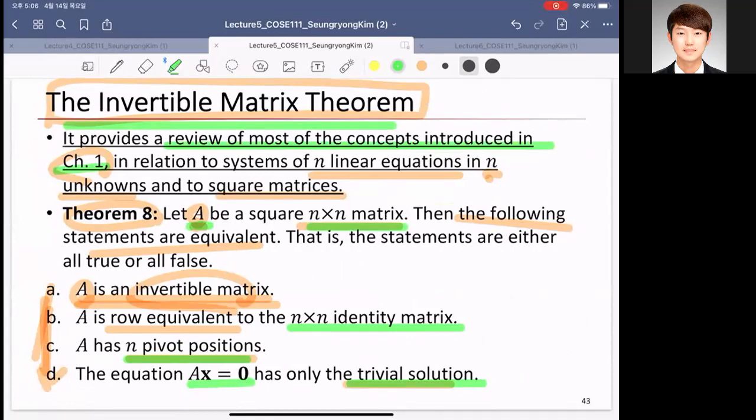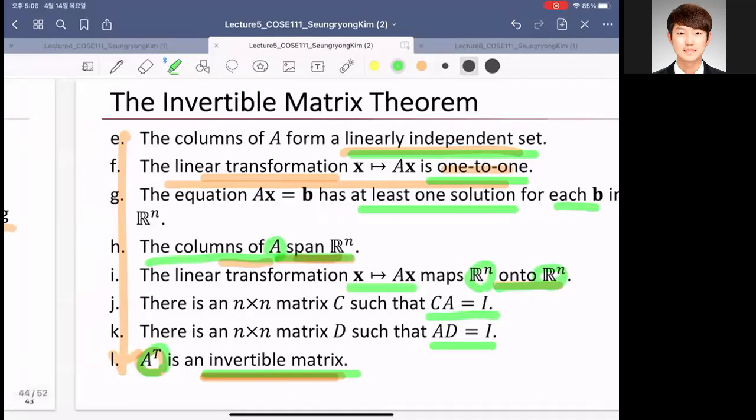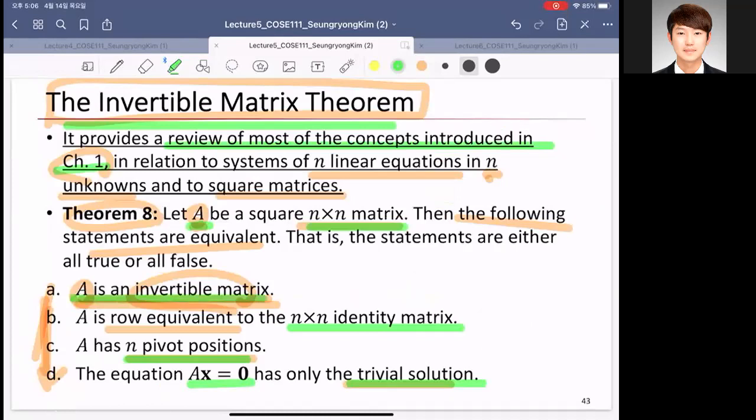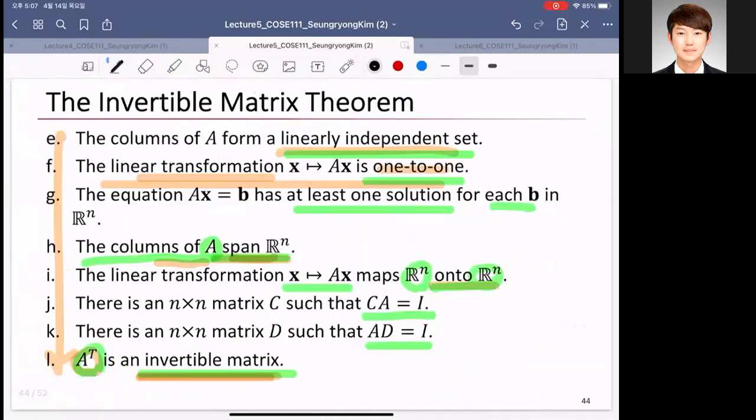This is the invertible matrix theorem. For example, if you have an arbitrary matrix A, and the columns of your matrix A span R^n, then you can say that your matrix A is an invertible matrix. Why do we need this kind of theorem? Let's suppose that you have a matrix equation Ax = b. You analyze your matrix A, and you find that A transpose is an invertible matrix.